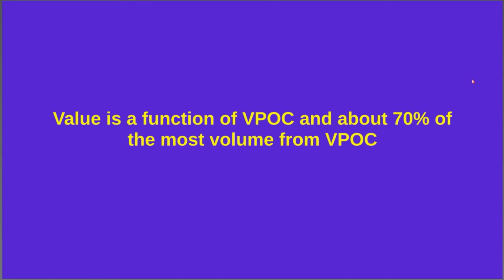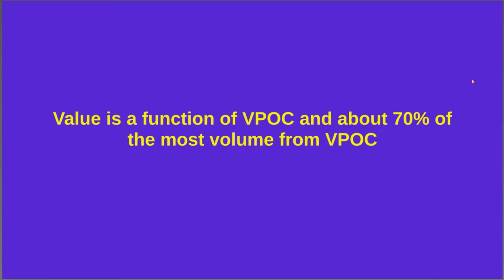It's always a function of VPOC, the volume point of control, and represents one standard deviation, or 68.2 to 70% of the most volume from the VPOC. So it's easy to understand how it's calculated.